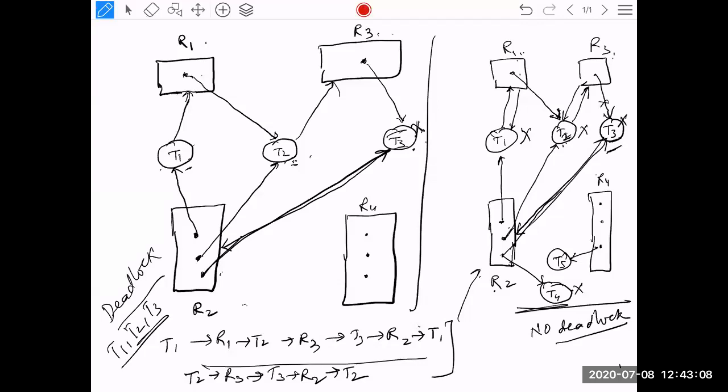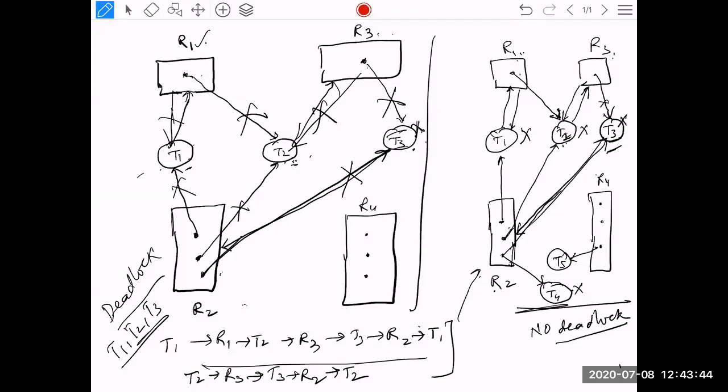And once it finishes, it releases all the resources and this gets free and it will be allocated to the other thread. So now here the condition was T2 needed R2, R3, and R1. It got everything, it will execute and finish. It will release all the resources. And once it is done, R1 would come back. It would be allocated to T1. And T1 has all the resources needed for it, and it will get executed. So everything is executed within a set.